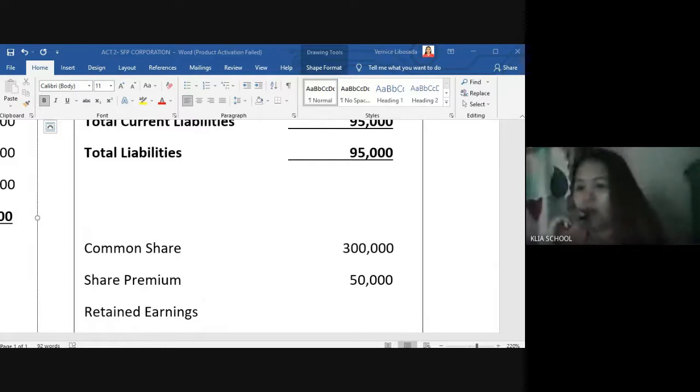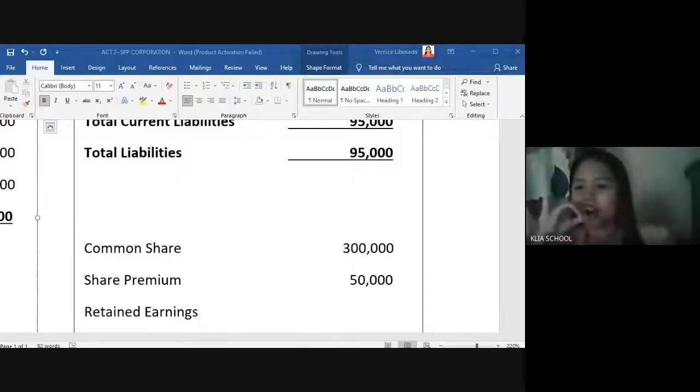O paano nga? Ang retained earnings natin, what should be the answer here? Wants to answer? Sige, Simran. What was it?